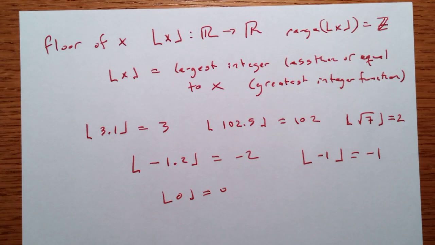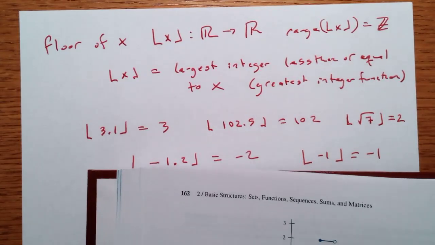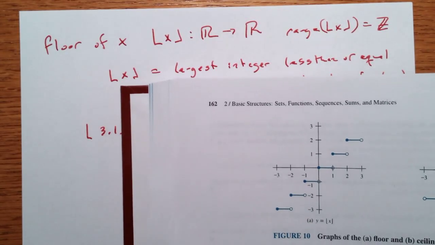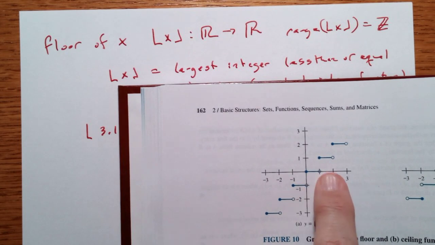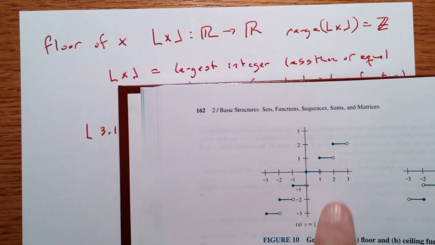I really like this particular function because it rounds down. It's got a really nice graph. Page 162 here. Notice for all the numbers between 0 up to, but not including 1, the floor is 0. For all the numbers between 1 up to, but not including 2, that's 1 point something, the floor is 1.